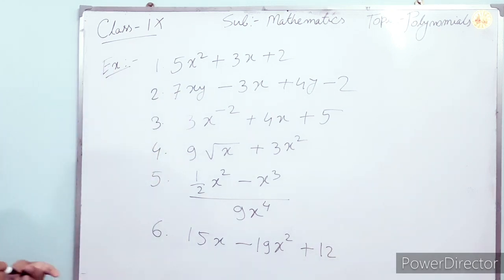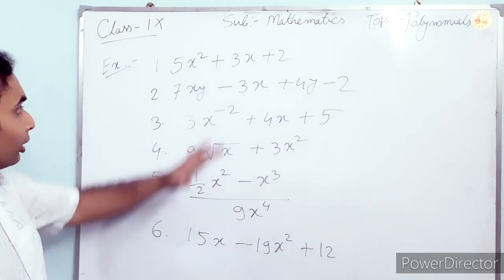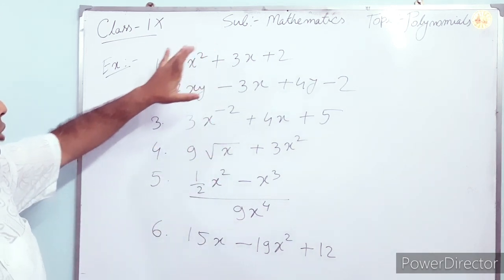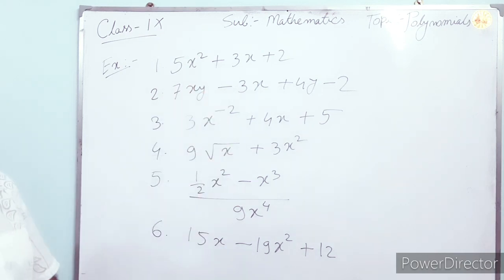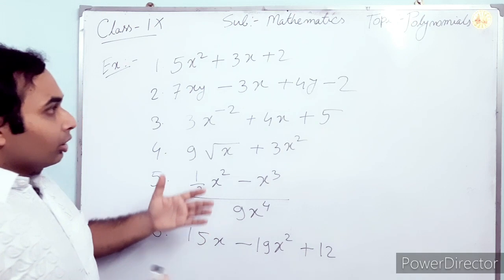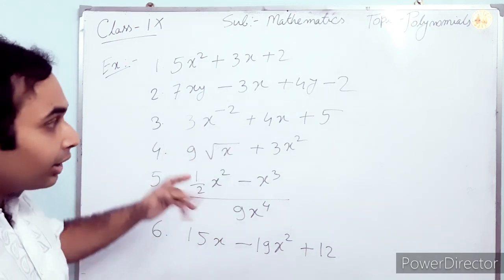Okay. So some algebraic expressions I have written here. Those are all algebraic expressions, because here only the variables and the constants are there. Now within those, which are the polynomials and which are not? Let us see.